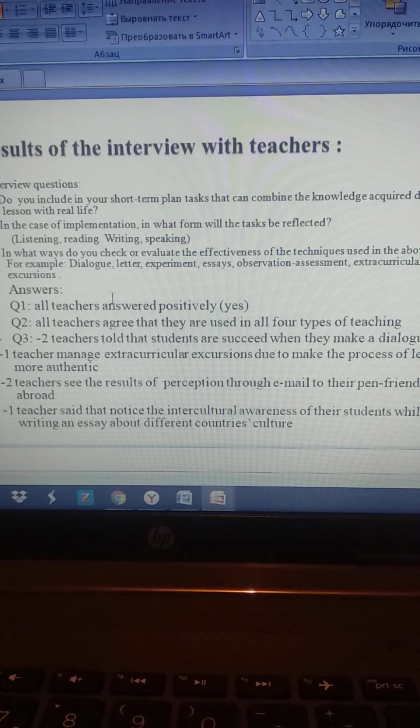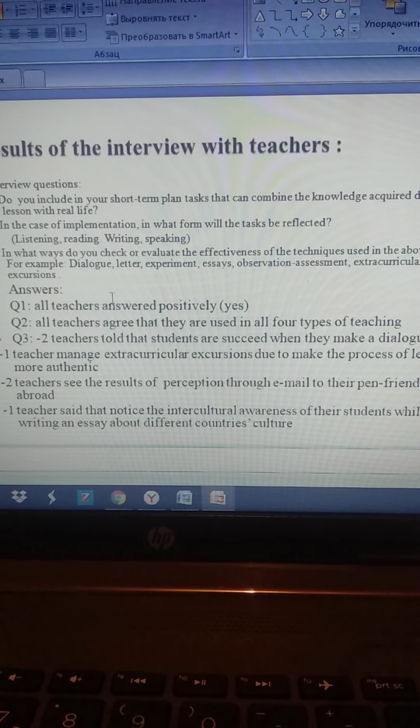So the third question was how they check or evaluate the effectiveness of their teaching materials. 2 teachers told that students succeed when they make a dialogue. One teacher manages extracurricular excursions to make the process of learning more authentic.